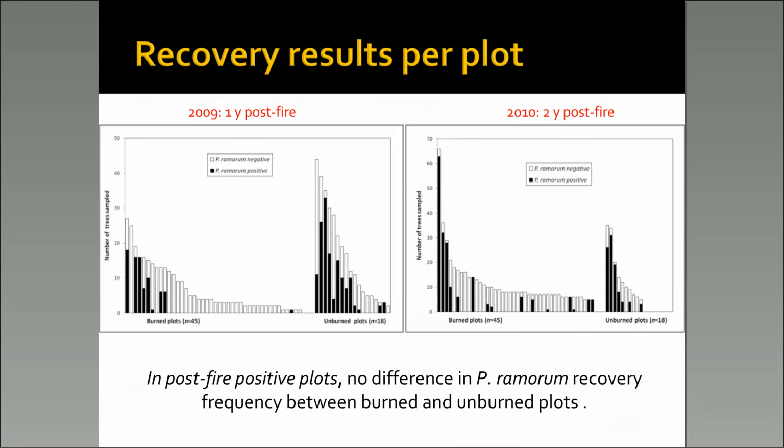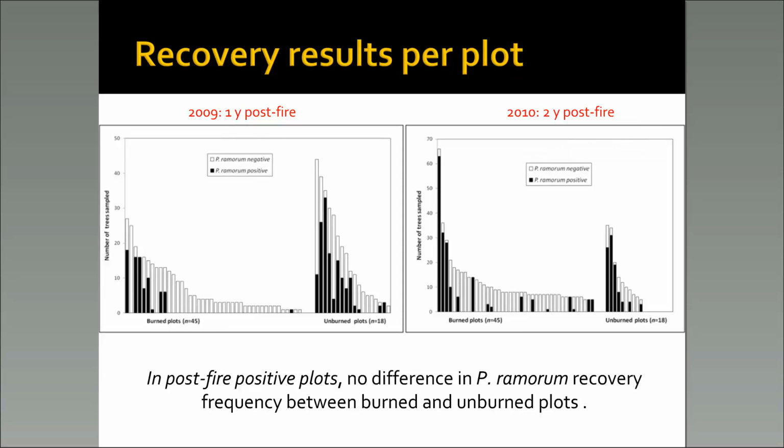If we looked at from how many trees we detected the pathogen in burned versus unburned plots, if you just looked at those plots from which we did recover the pathogen, there wasn't really a difference in recovery between burned and unburned plots.